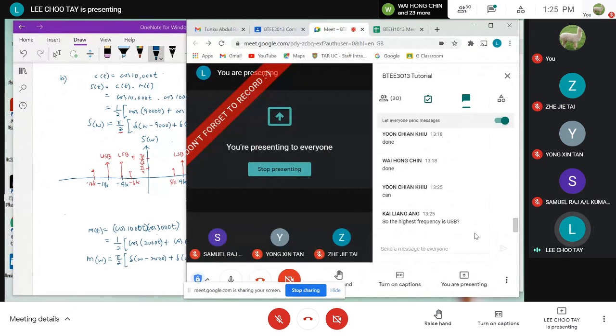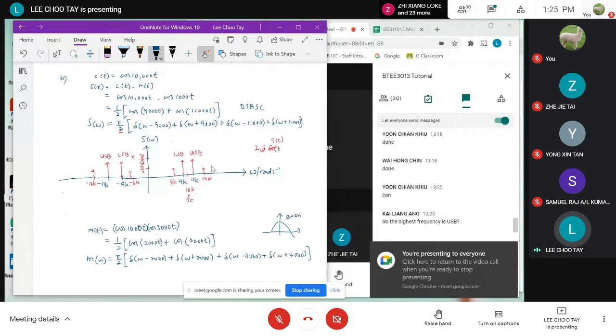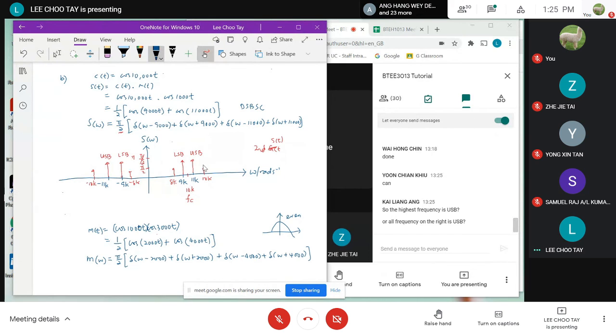So the highest frequency is USB. Again, you need to refer to your carrier component. Okay, let's look at the second one again. Where is your USB? Your USB is on the right hand side of your carrier component.